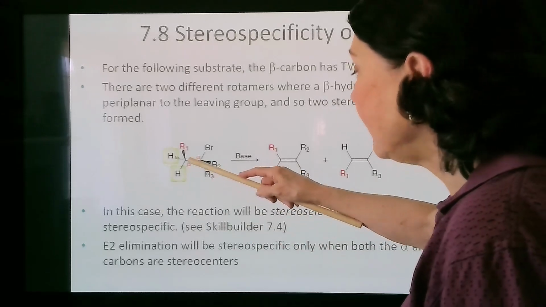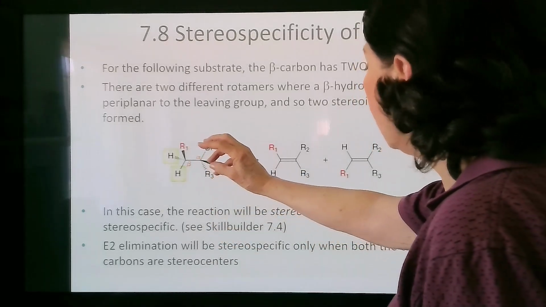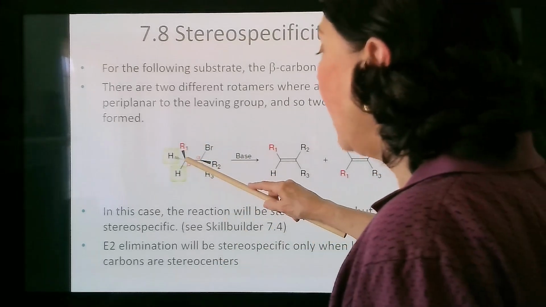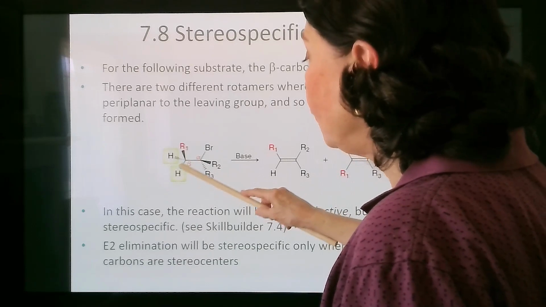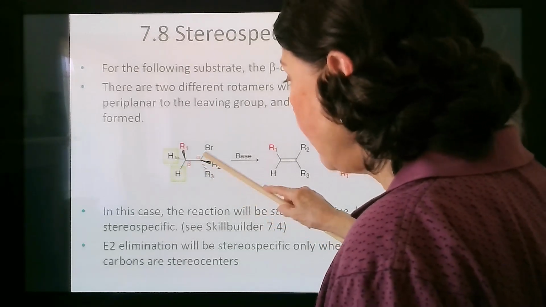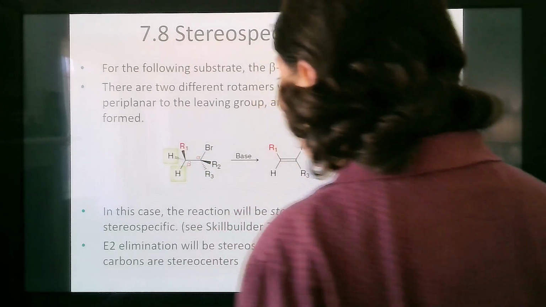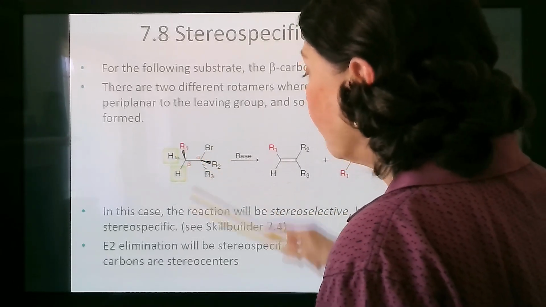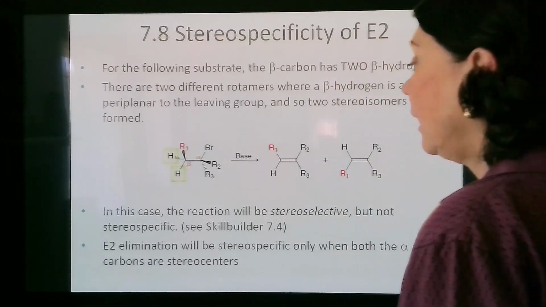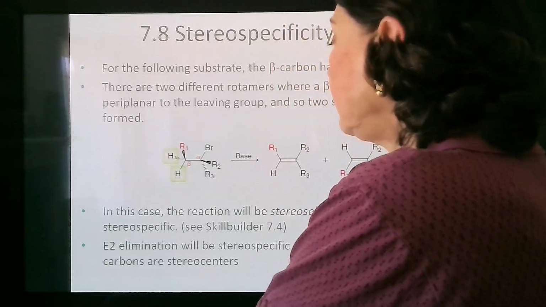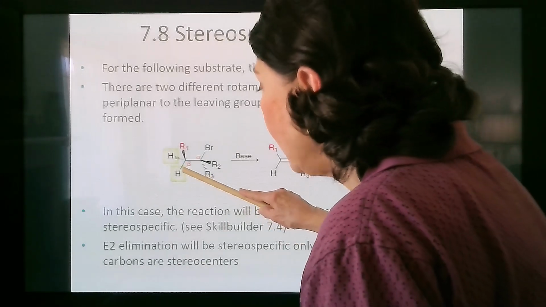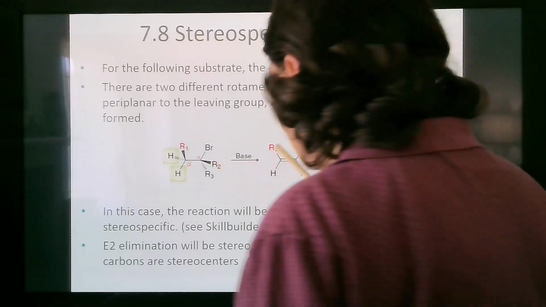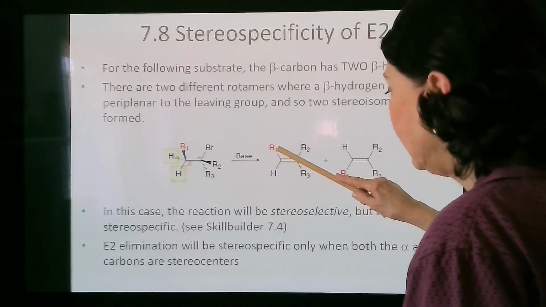So in this case, this can rotate just a little, and you can still have the CH bond line up with the bromine, or you can have this CH bond line up so that you'll have good overlap. Notice in this one, where you've selected this particular proton, R1 is coming out at you and R2 is coming out at you. And so that leads to this product.